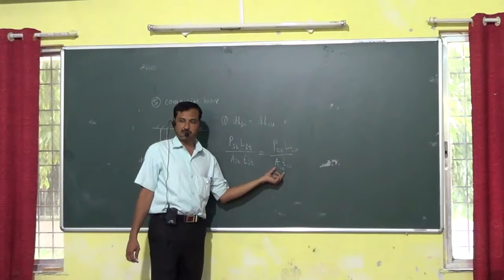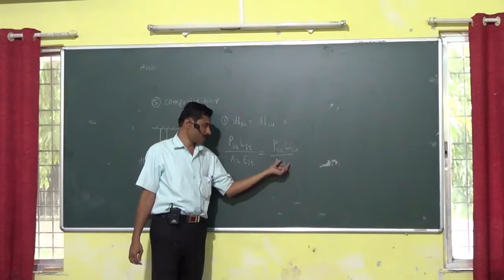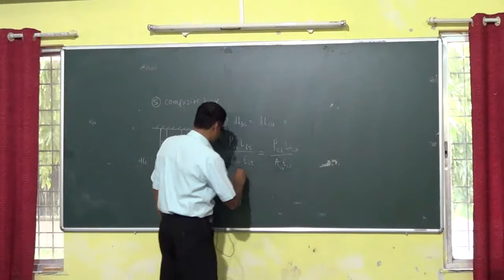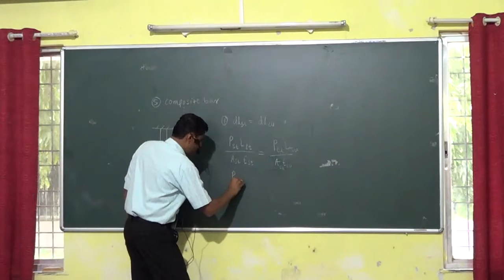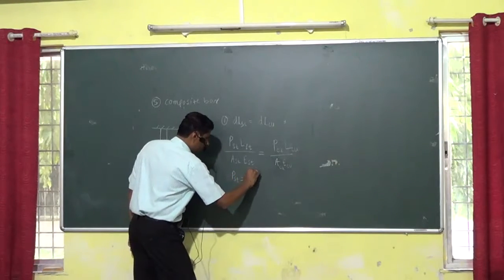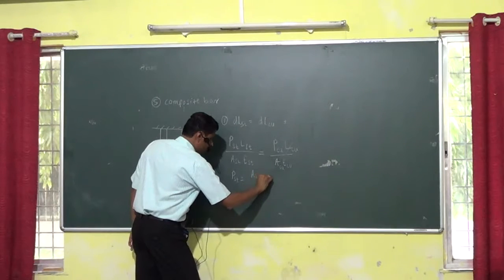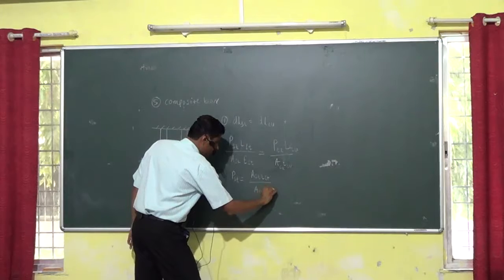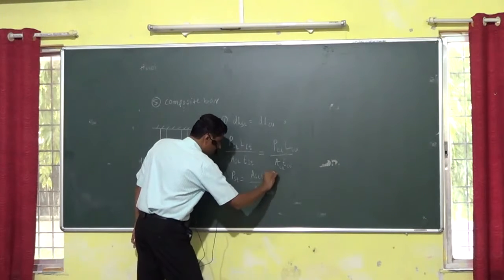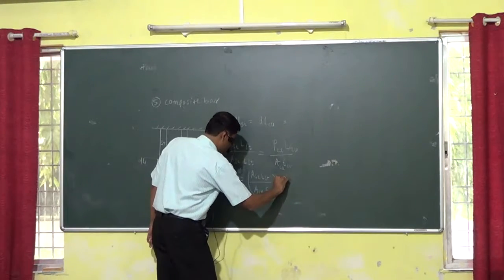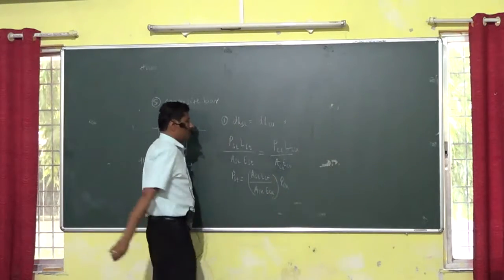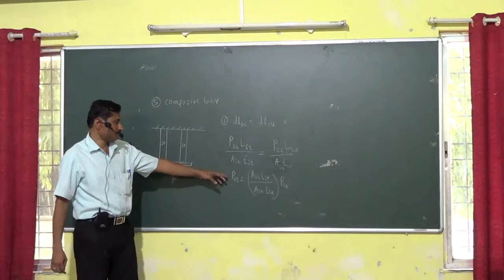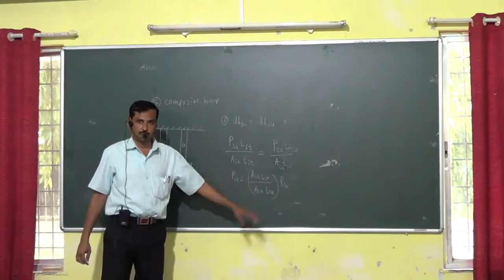Similarly, the cross sectional area of copper and Young's modulus of copper are given to us. Then one equation will get established, that is P steel is equal to A steel E steel upon A copper E copper into P copper. So this is the relationship between P steel and P copper.